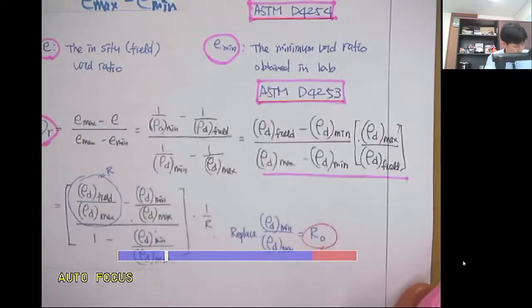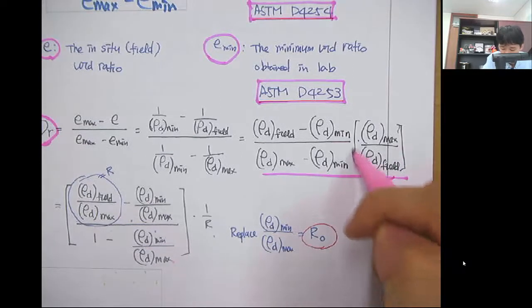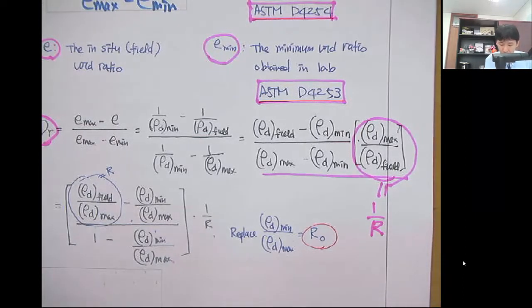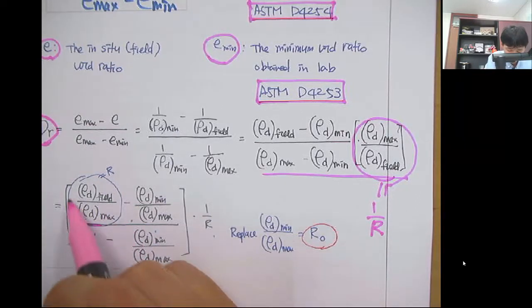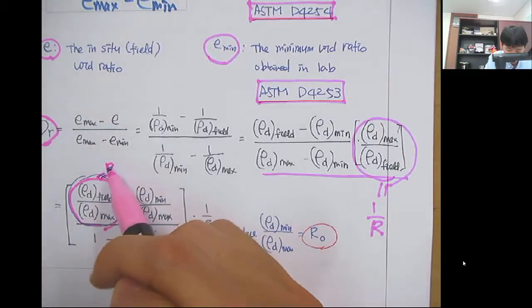From the definition of the relative compaction, you know that this is 1 over R, right? And so it becomes this equation, and also this is R, the field dry density over the maximum dry density.